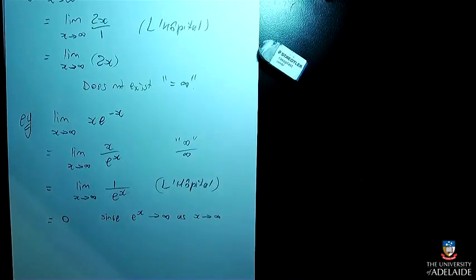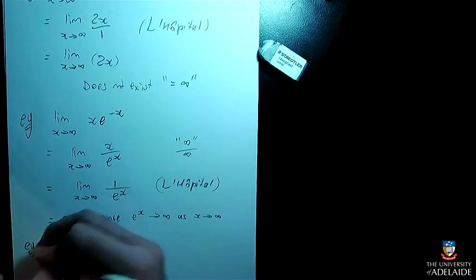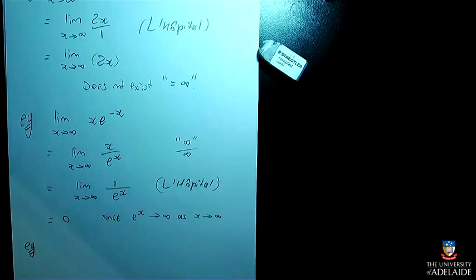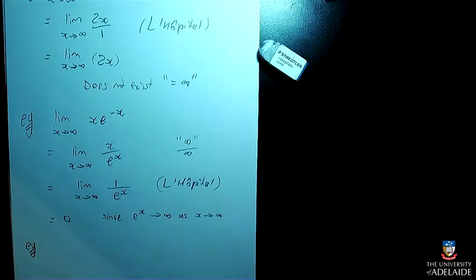So 1 over infinity, or not infinity over infinity, is always 0. Okay.